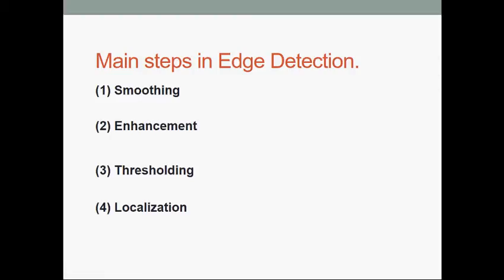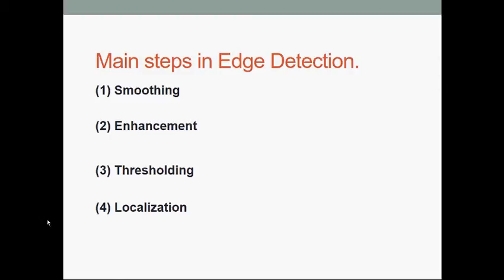The second step is to enhance the image. Image enhancement techniques are limitless. You can take any enhancement operator, like sharpening filters and other filters that can enhance an image. If an image is enhanced, so are the edges. So it's good.